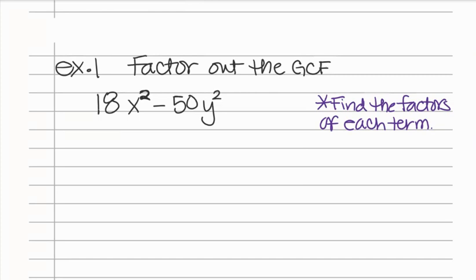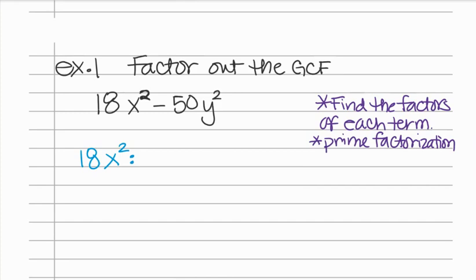Okay, so let's find the factors of 18x squared. So remember, we don't want to write a list. And I know at that first example, I showed you the two ways that you could have approached the GCF of 18 and 30. But now that we're looking at expressions with variables, possibly constants, possibly with coefficients, we want to come up with prime factorization. Okay, so we want to write the prime factorization. Again, that's the multiplication problem that has all prime numbers.